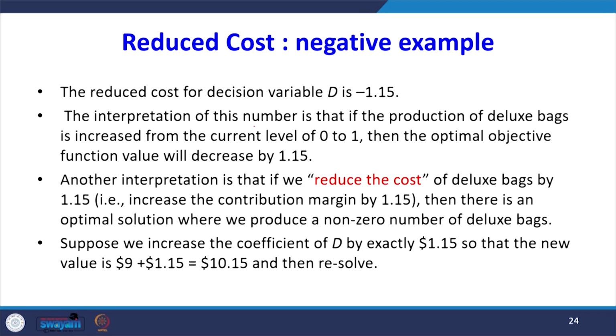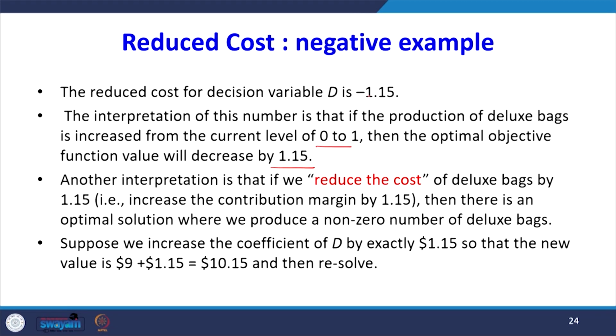The interpretation of this number is that if the production of deluxe bags is increased from the current level of 0 to 1, then the optimal objective function value will decrease by 1.15. As I told you, reduced cost is the dual value of your non-negativity constraint. The dual value is minus 1.15.